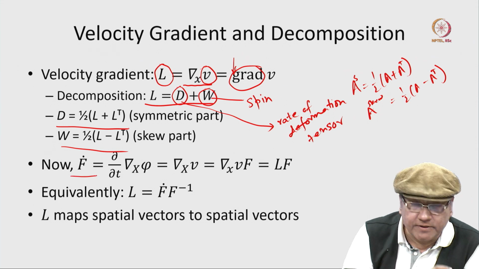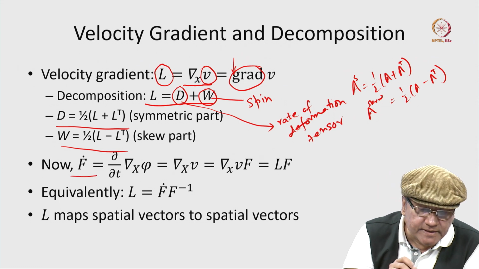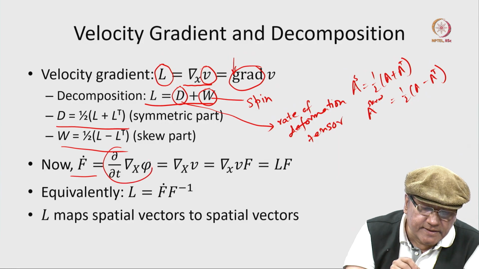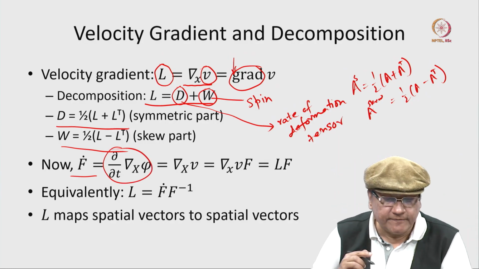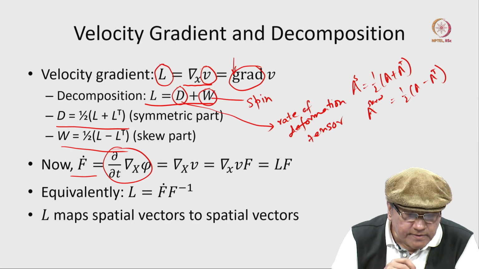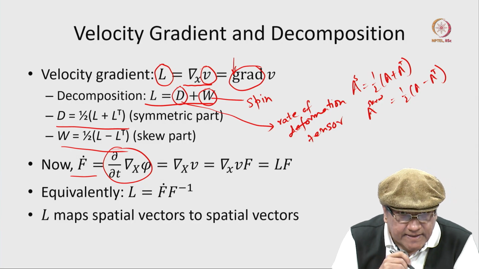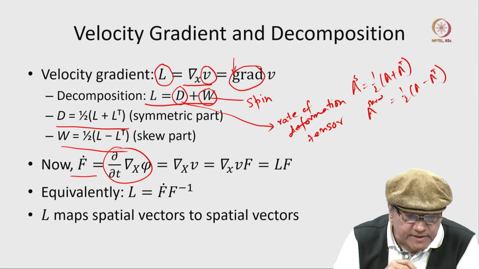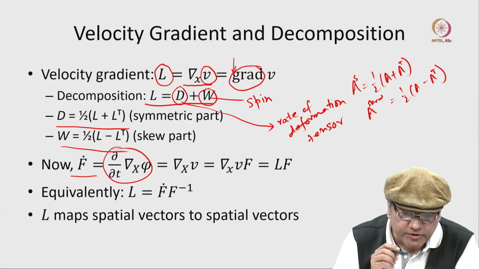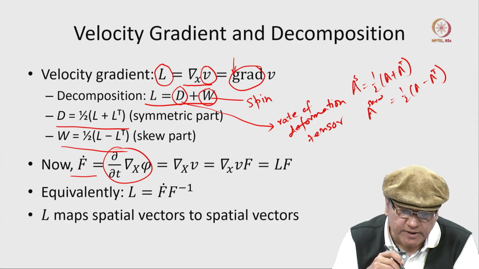So F dot, the rate of deformation gradient, is by definition del t of grad with respect to capital X of phi. This del t we can take inside, because these are commutable, this gradient operation and this partial derivative with respect to time.